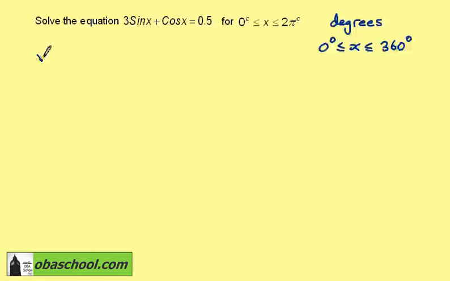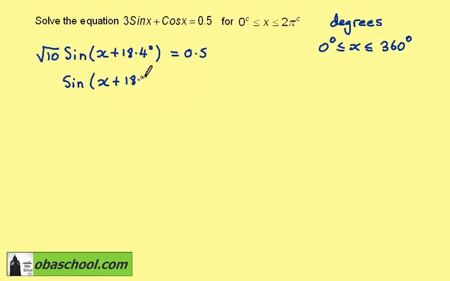We know that 3 sin x plus cos x can be written as root 10 times sine of x plus 18.4 degrees. So this is equal to 0.5. Dividing both sides by root 10 then gives that sine of x plus 18.4 degrees is equal to 0.5 divided by root 10.